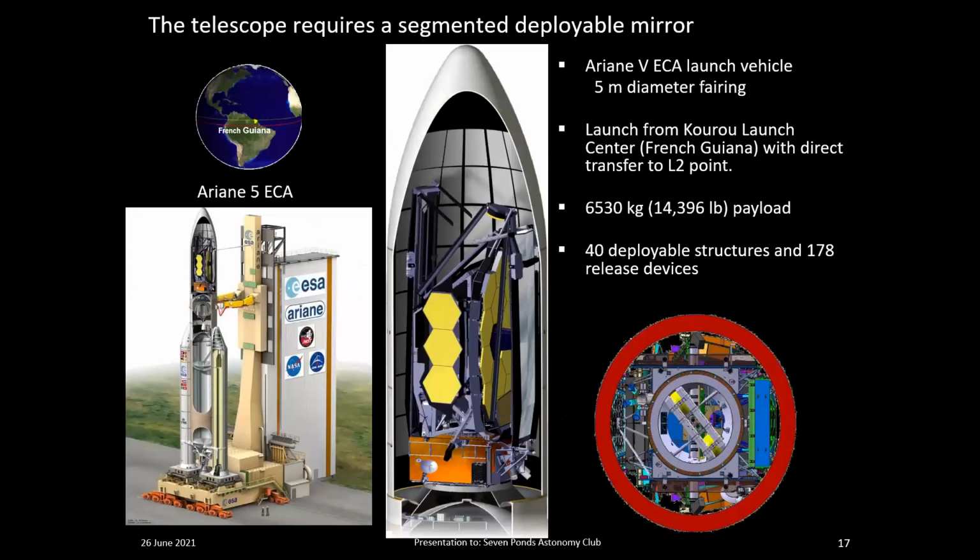Okay, so how do we solve the mirror being bigger than the rocket? We adopted something called a segmented mirror architecture so that we could literally fold the telescope up inside the rocket. So the Webb's mirror is made of 18 hexagonal mirror segments.